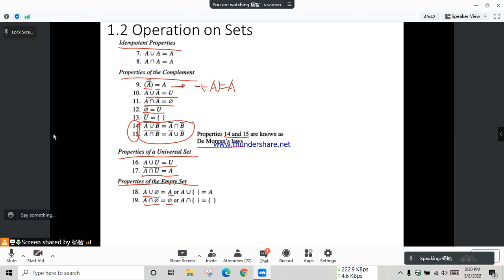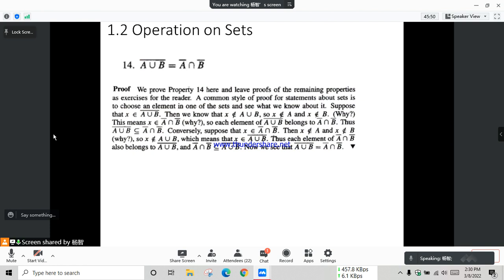And De Morgan laws, they are very special. Okay, we only prove the property of 14. Look at we prove property 14 here, and the proof of the remaining property, I will leave it for your exercise.